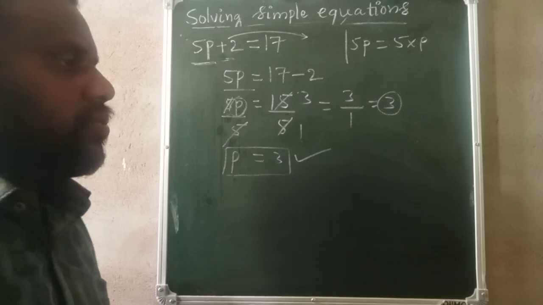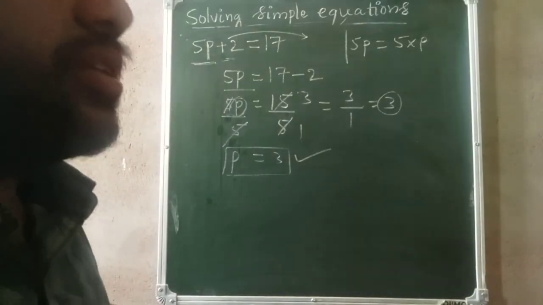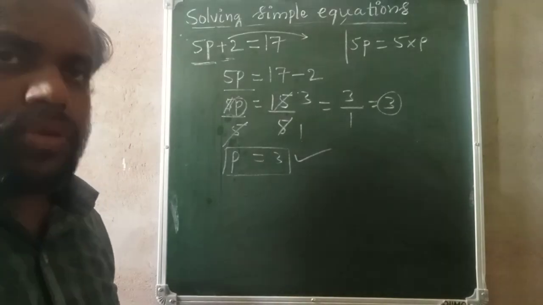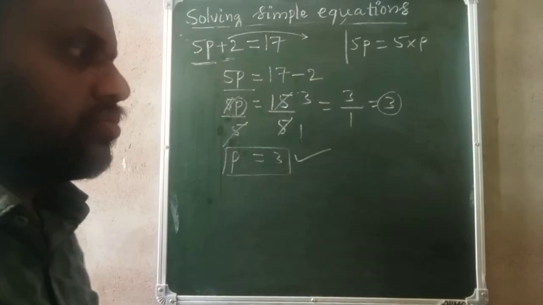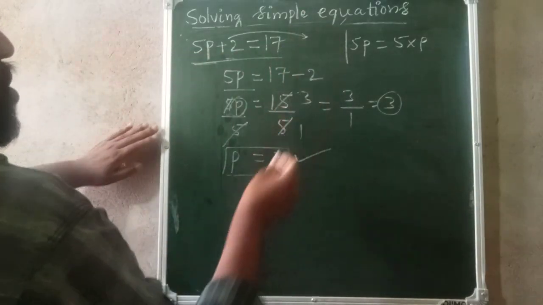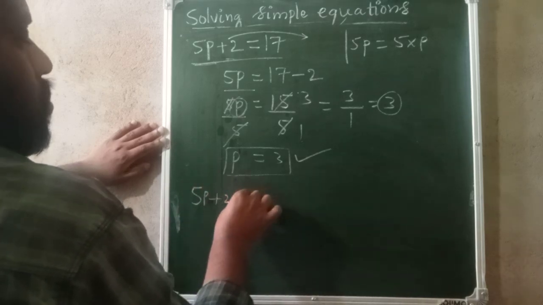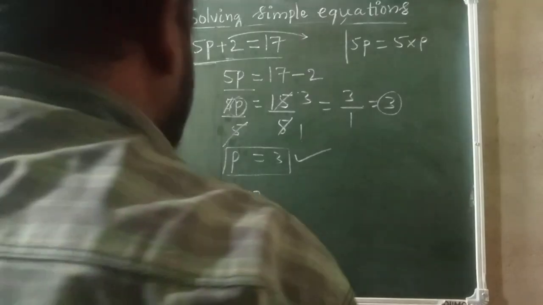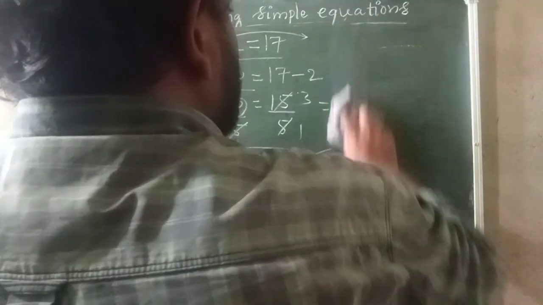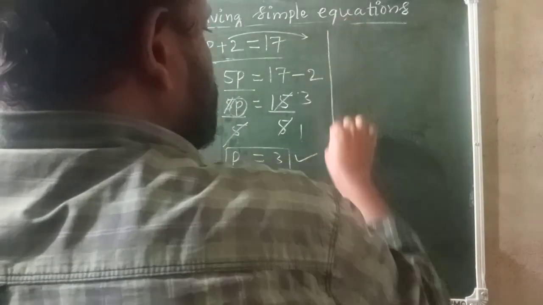Okay, now if you want to check whether this answer is correct or not, there is a process we have to follow. I will just write this given equation once again: 5p + 2 is equal to 17. I will erase this for calculations.